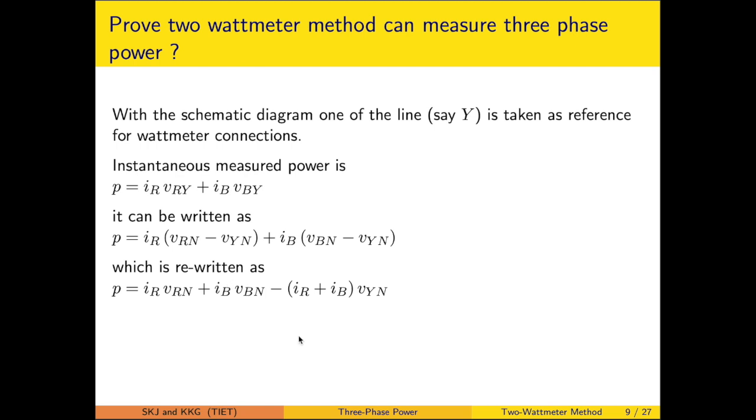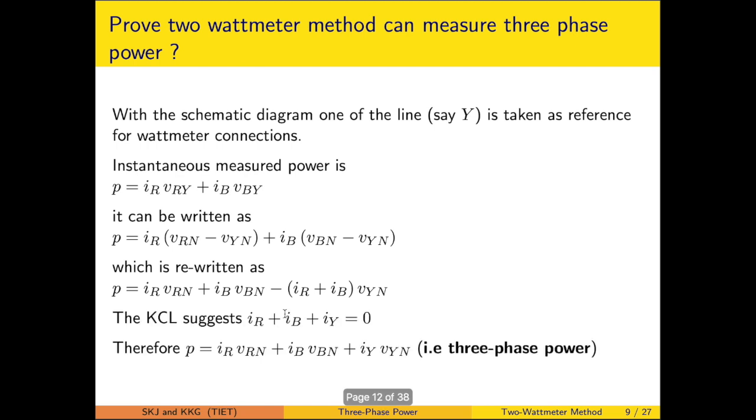Now when we are having a 3-wire system, the sum of the 3 currents IR plus IB plus IY has to be equal to 0, and from that we can write minus of (IR plus IB) as IY. So this resulting equation suggests that it is measuring the 3-phase power. Here the analysis is carried out for the star arrangement; the similar arrangement can be extended for the delta configuration.